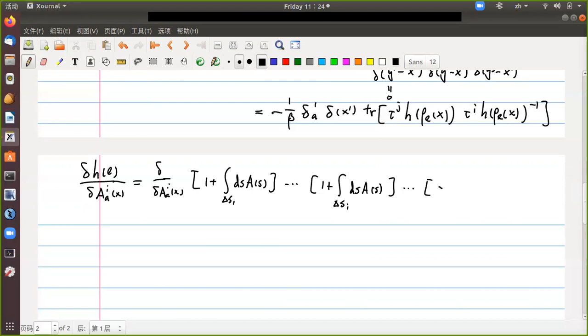And the last one is 1 plus delta Sn. Okay, so here we should understand this formula in the limit that n goes to infinity.